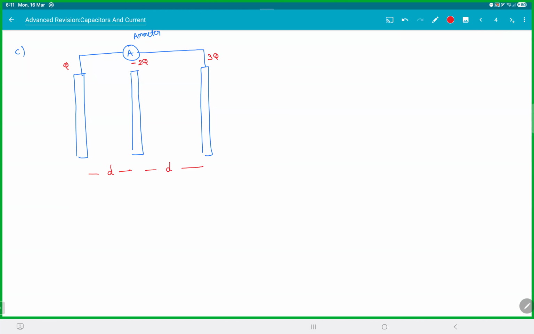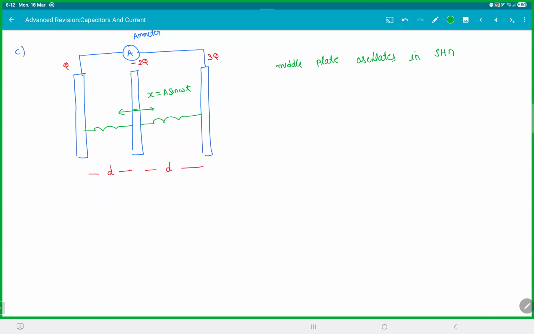Now, this center plate here is oscillating in SHM. X is equal to a sine omega t. The middle plate oscillates in SHM. Find the current in the ammeter. Actually, I could have kept some non-conducting springs here, and I could have pushed it, and played around.